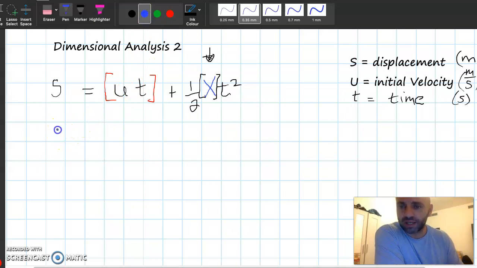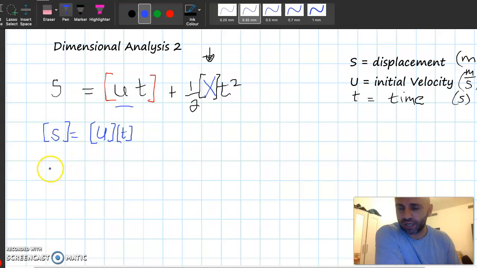But I'll take it in two halves, and you know what we'll do? We will double check the units on this one first, okay? So I'm just going to say that the units of displacement must be equal to the units of velocity. So this is u, the unit here, times the unit of time.